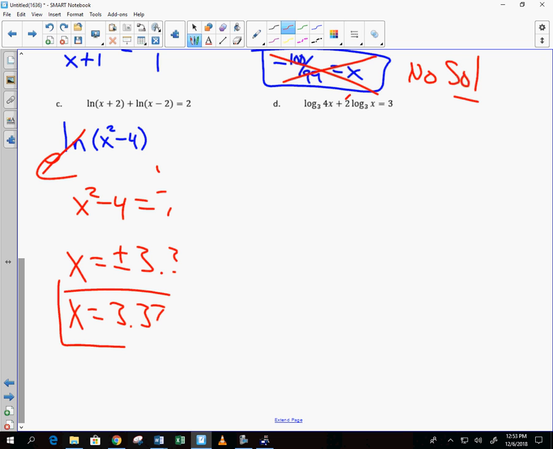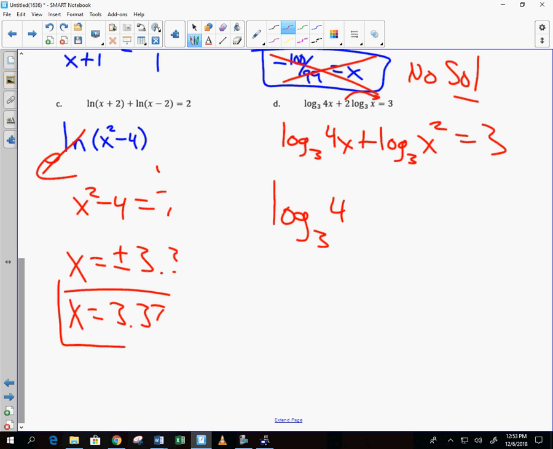So the first thing we do, we're going to actually move the 2 up there. So log base 3 of 4x plus log base 3 of x squared is equal to 3. And now I can write these as one logarithm, right? I can write it as log base 3 of 4x cubed is equal to 3. So the key is to get this 4x cubed.